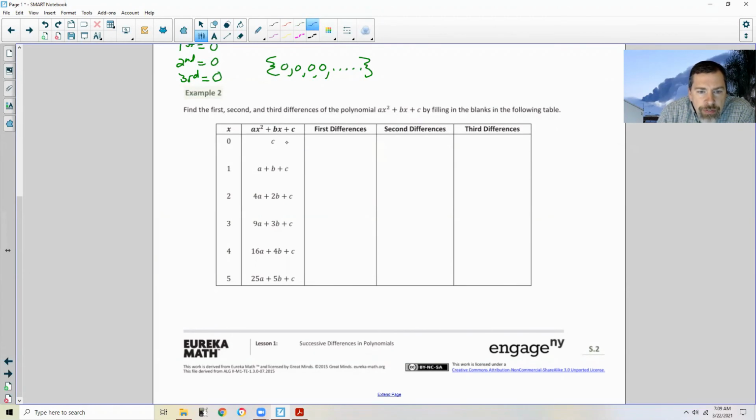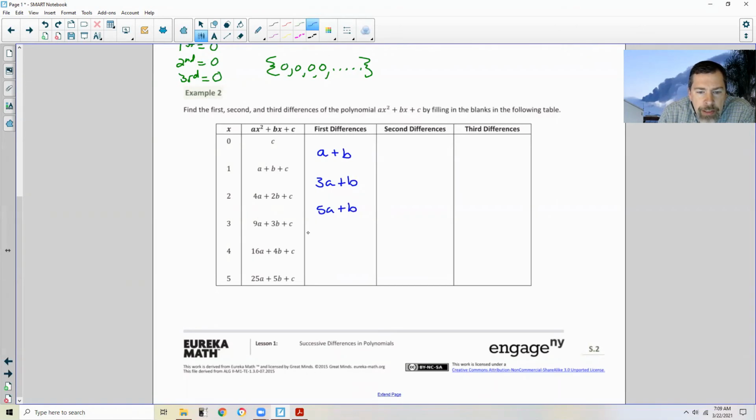So the first difference between these two, if I subtract c from a plus b plus c, I'm just going to get a plus b. And then when I subtract c from c here, I get nothing. 2b minus b is b, and 4a minus a is 3a. So I get 3a plus b. 9a minus 4a is 5a. 3b minus b is b.